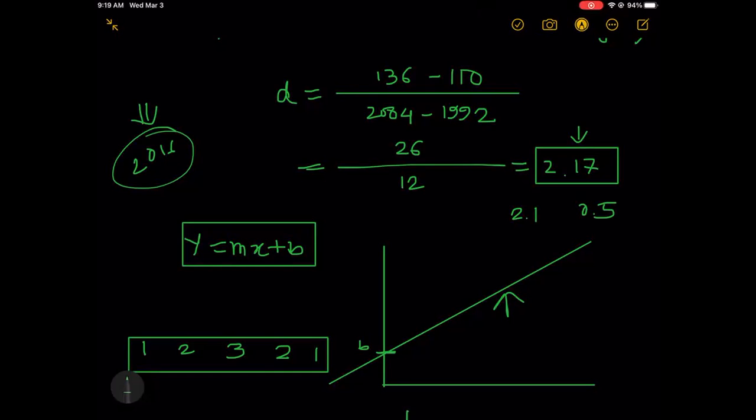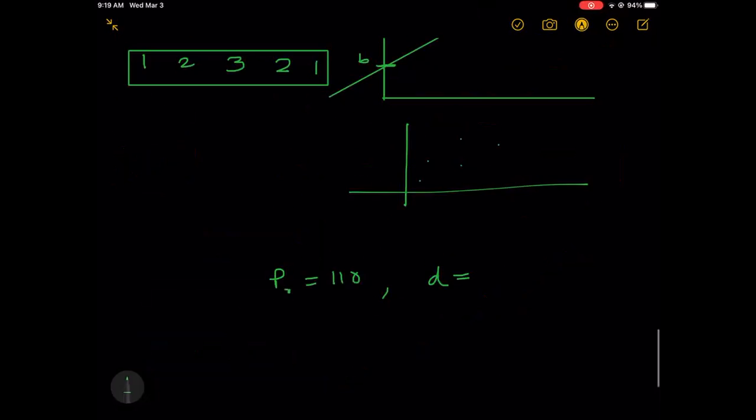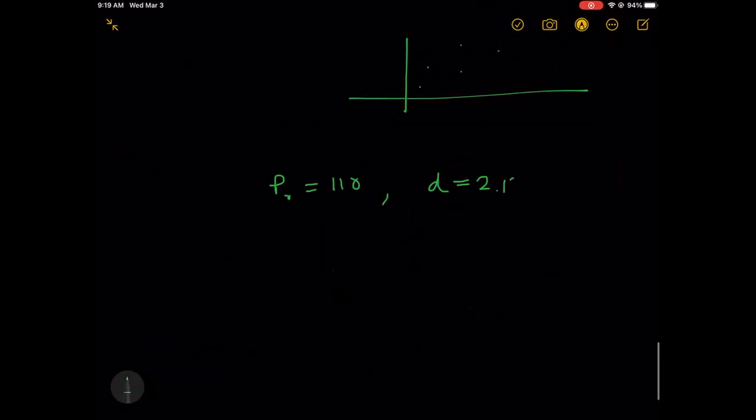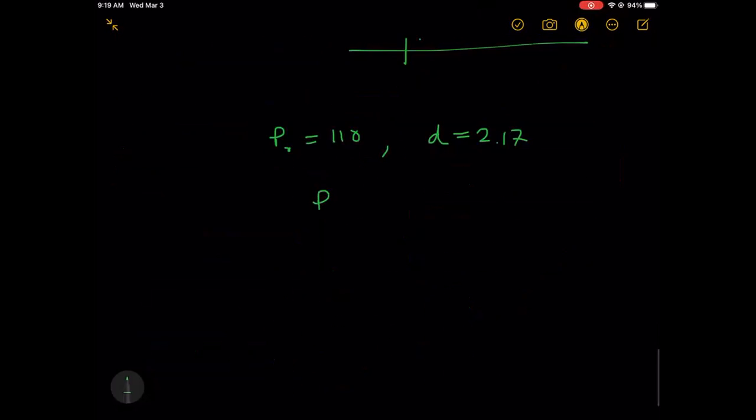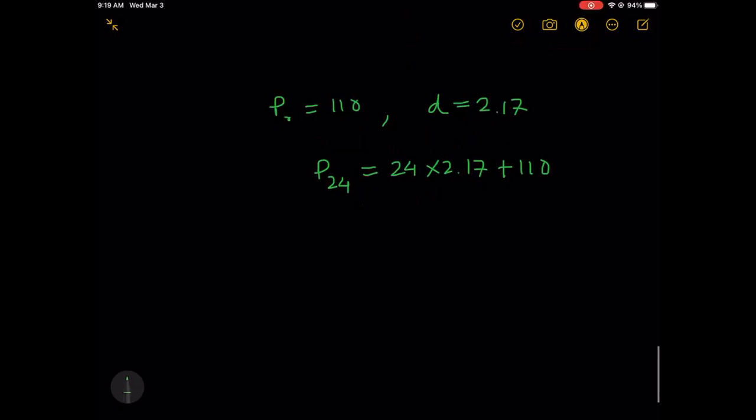Okay. All right. So we have P naught, which is, I believe, 110. We have D, which is 2.17. So clearly for P24, we have 24 times 2.17 plus 110.